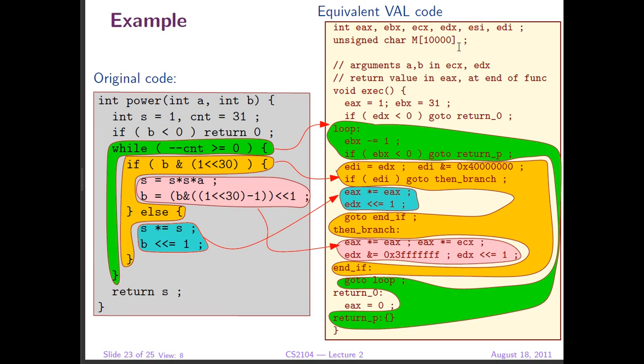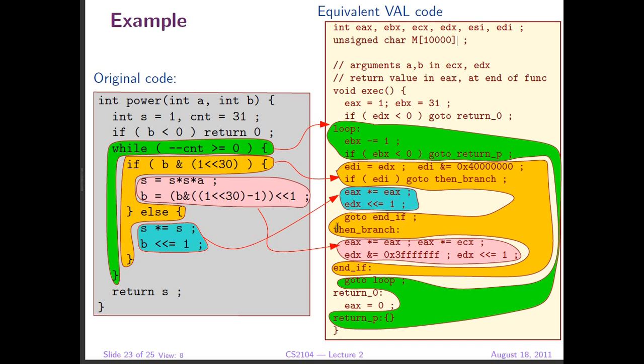It emphasizes that there is a systematic translation principle at work. Notice the colors, right? Each type of statement on the left can be seen as a skeleton that translates into another skeleton on the right. So inside the if, the pink blob and the blue blob are placeholders for code inside the if statement.